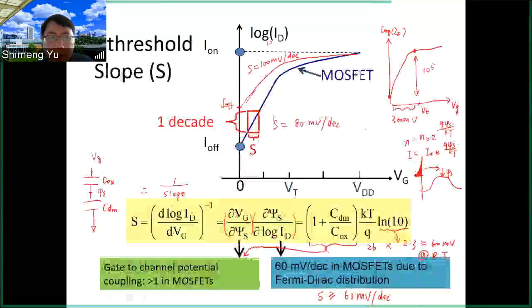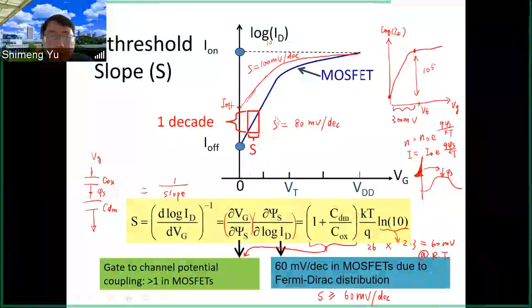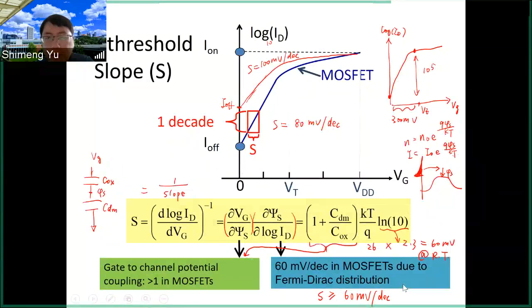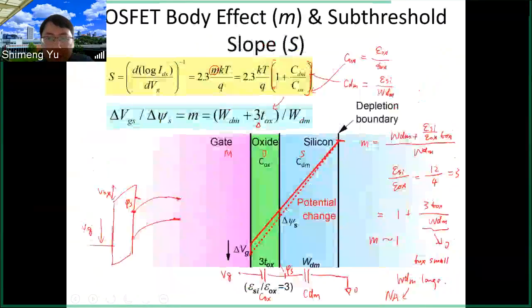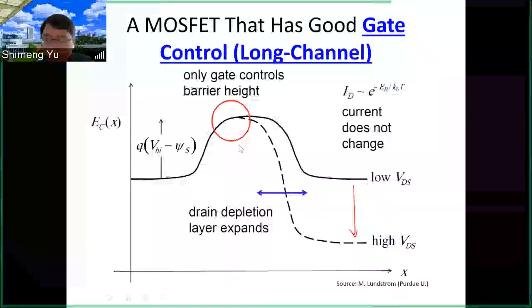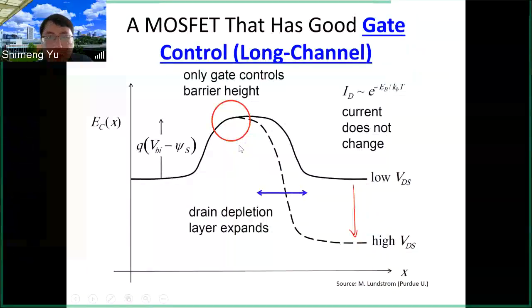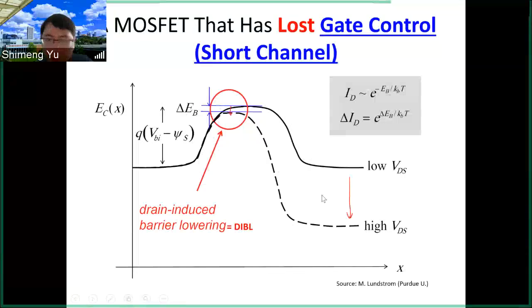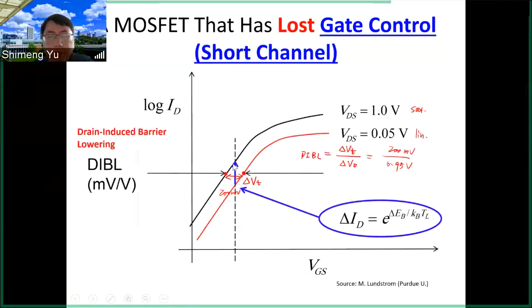Then understand the subthreshold slope definition, and understand that S has a lower limit of 60 millivolts per decade. This is caused by physical limits. And then understand the band diagram for the short channel device, where the source barrier top is affected by the drain voltage. That's why you have the increase of the subthreshold current.